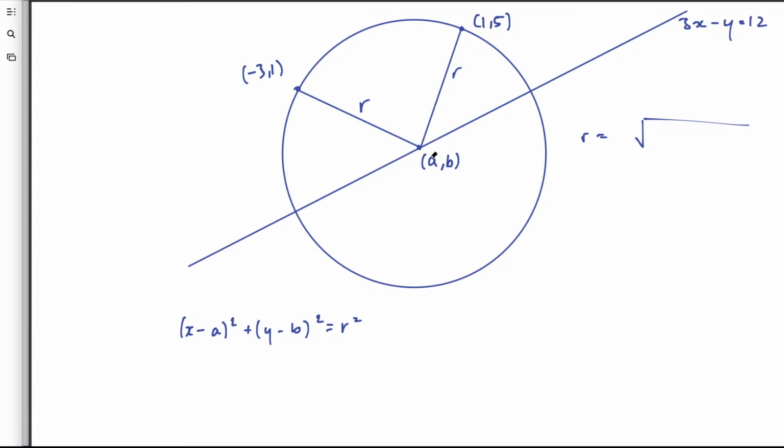But that's 3 unknowns. Okay. Or we could do r squared. Let's do r squared.